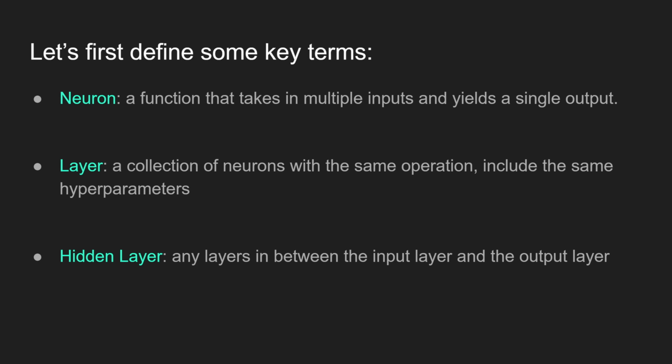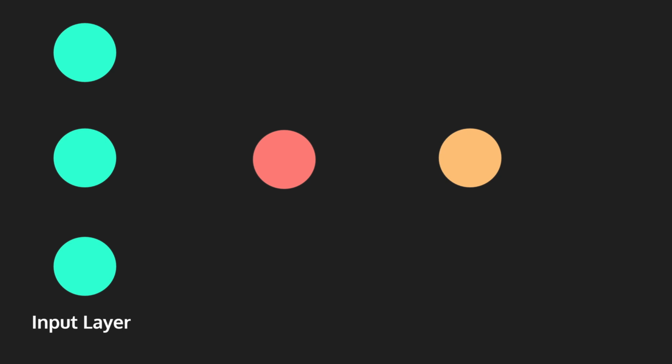Okay, and finally we have hidden layer, which are basically any layers in between the input layer and the output layer. So let's see a visual representation of what we have just discussed. Here we have three blue dots, and the three blue dots are called the input layer, and these three blue dots are neurons, right?